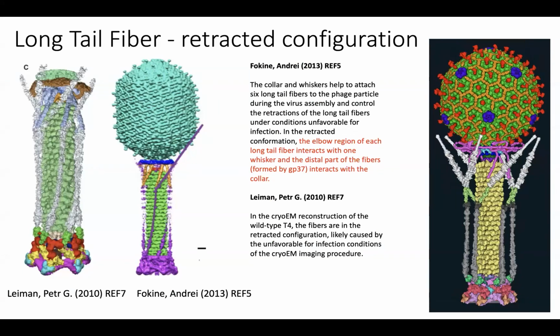We also tried to model the retracted configuration where the elbow region of each long tail fiber interacts with one whisker, and the distal part of the fibers interacts with the collar. So in the end, it looks similar to this.